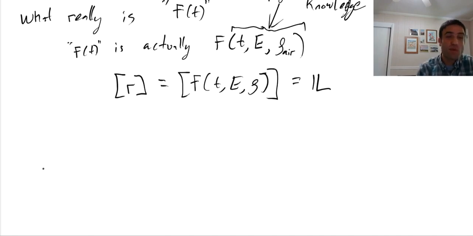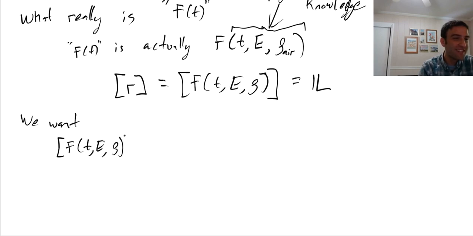Okay, here's what we're going to do. So what we want: f of t, energy, and density, this has to equal length. We know things like the following.